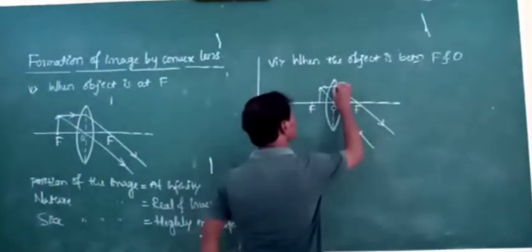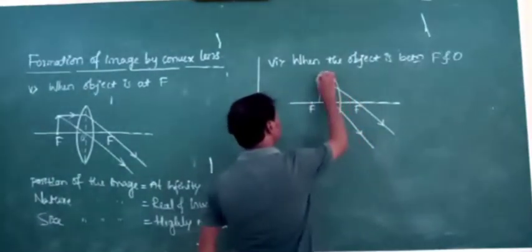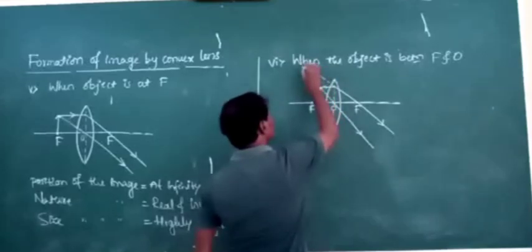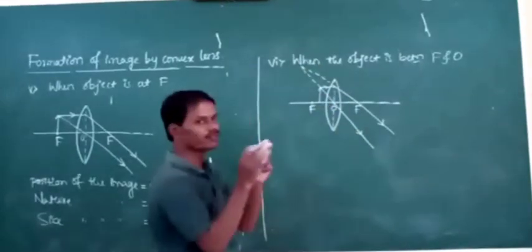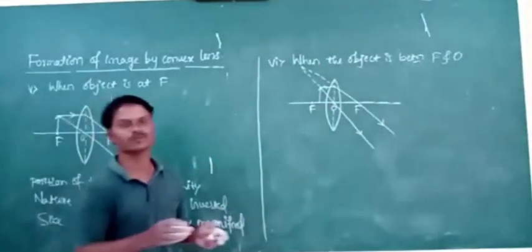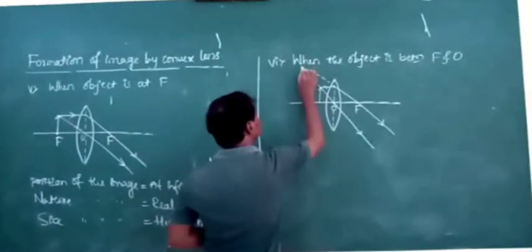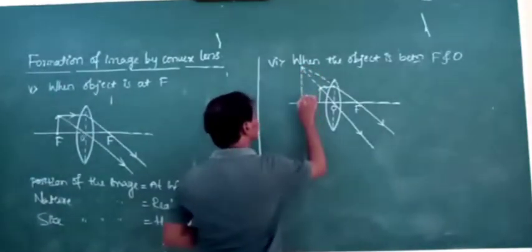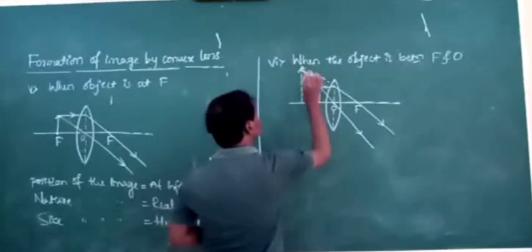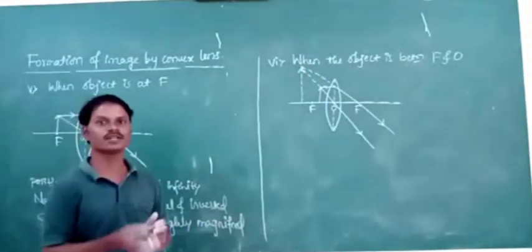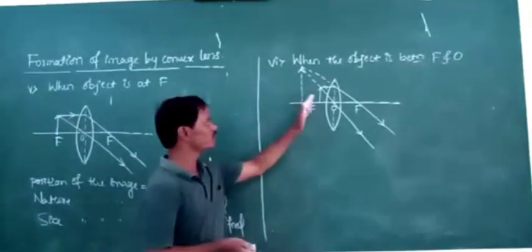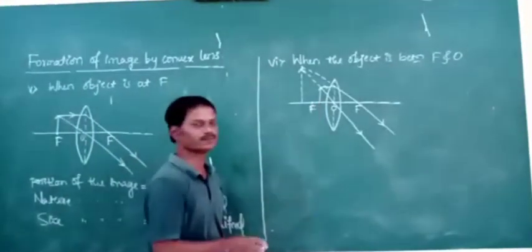These two divergent rays appear to come from a point beyond the object. I will extend these two. Where these two extended rays meet, at that position the image of the object is formed. So the image is formed beyond the object, on the same side as the object.